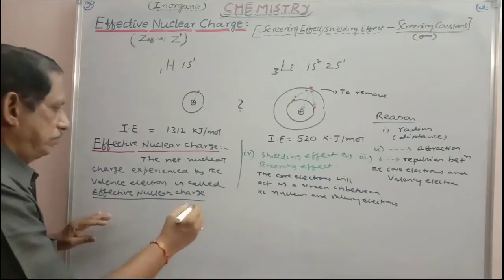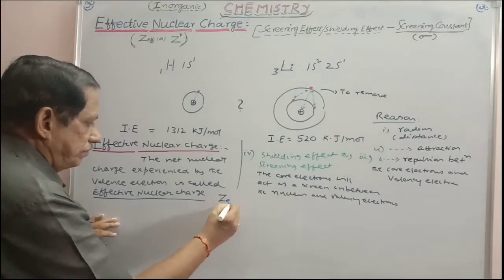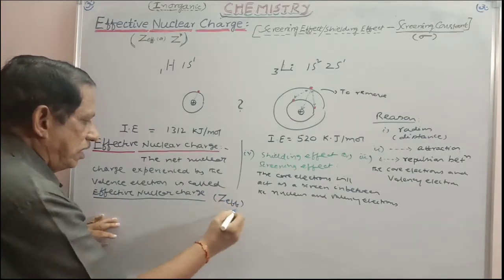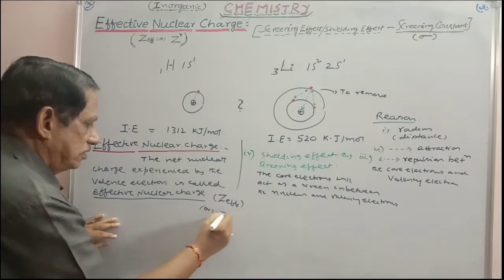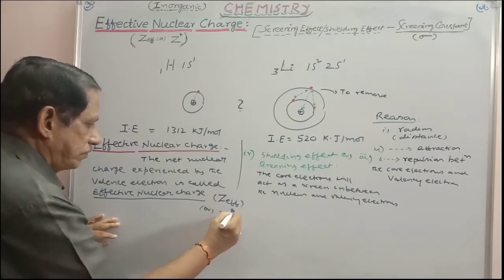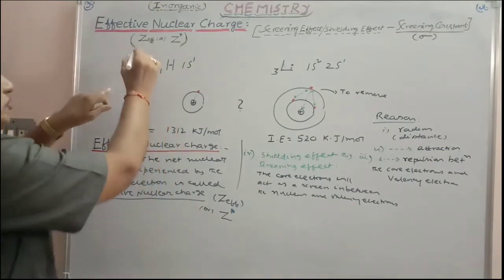Effective nuclear charge is represented by Z effective, or sometimes you can write it as Z sigma star, Z star, like this.